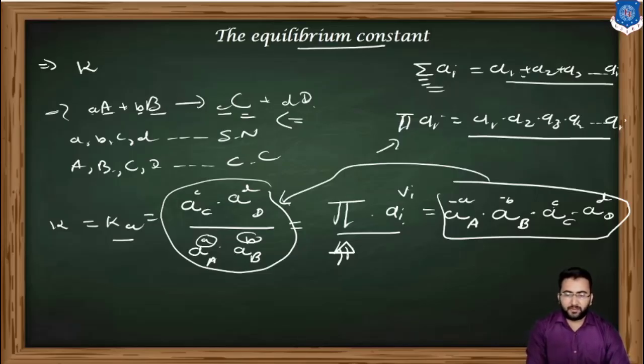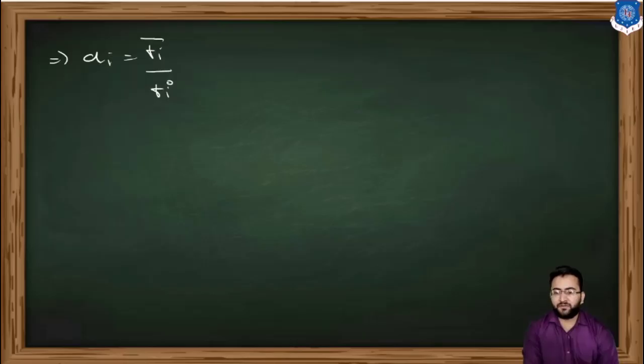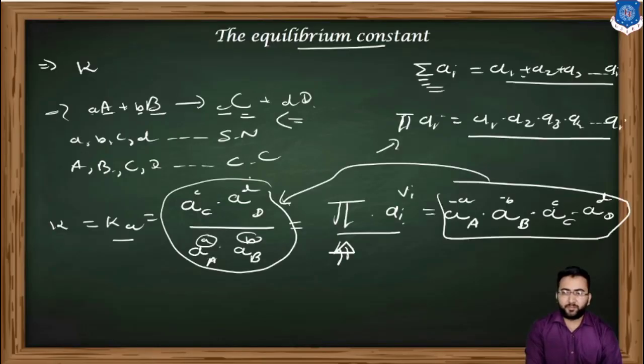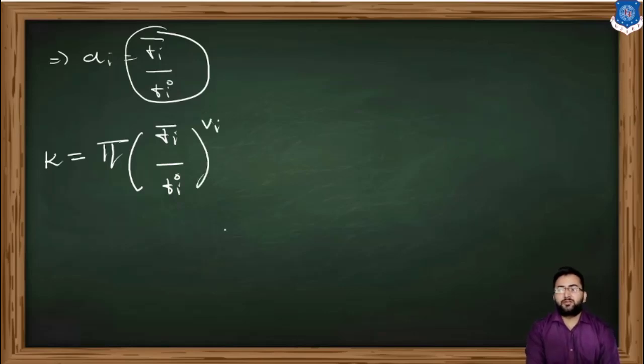Now we know the definition of activity is ai equal to fi bar upon fi naught. Activity is the relative fugacity in a solution upon the fugacity at the standard state. So if I put the value of this ai in the previous equation, K becomes capital pi of fi bar upon fi naught, whole raised to the stoichiometric number.